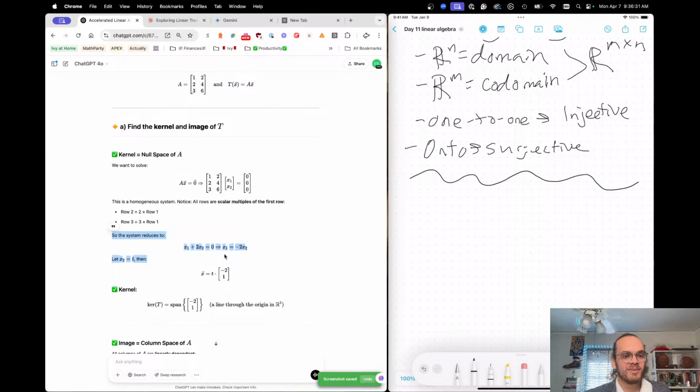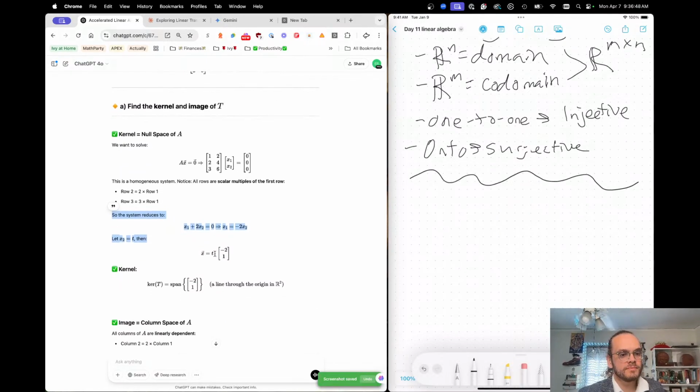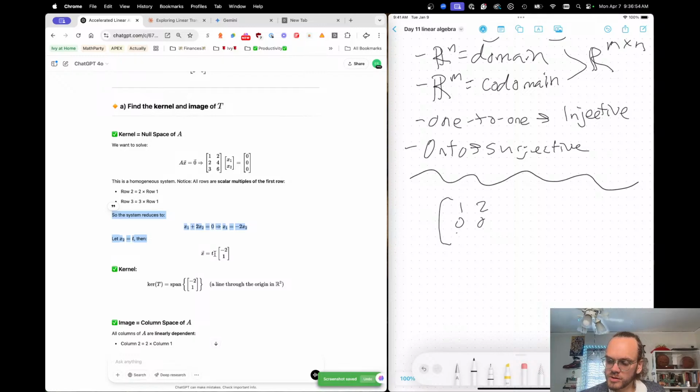So a kernel is the null space of A. I get that. So to find the null space of A, I row reduce this. And I think the matrix would become 1, 2, 0, 0, 0, 0.